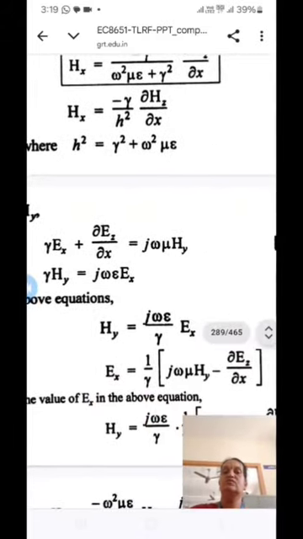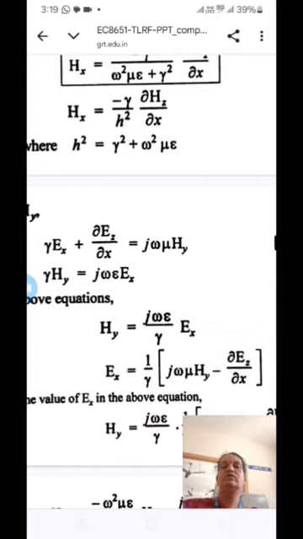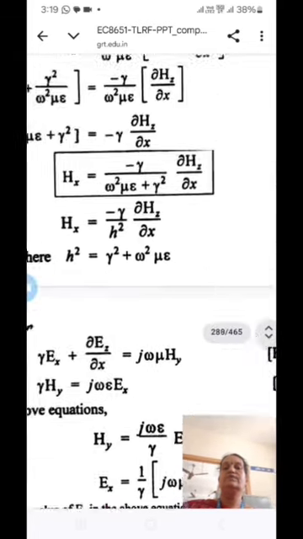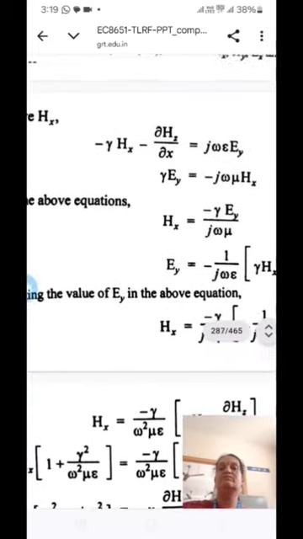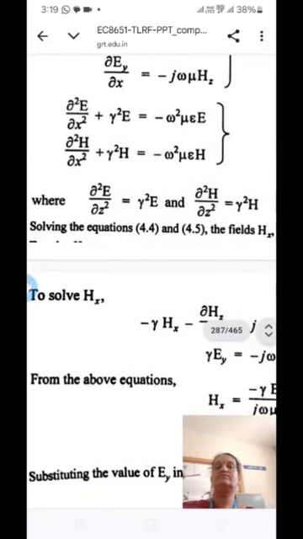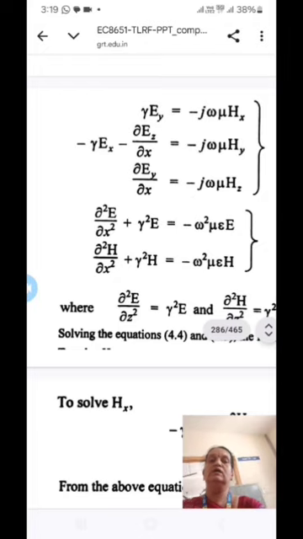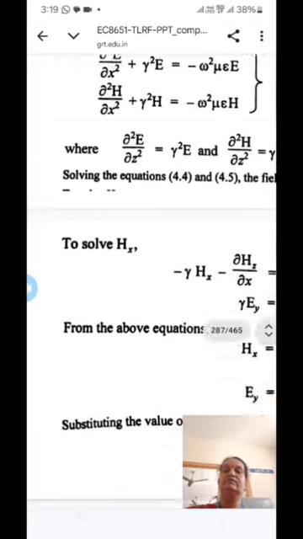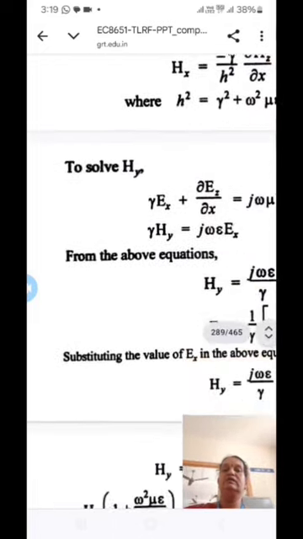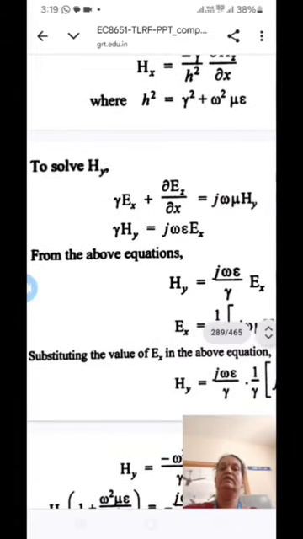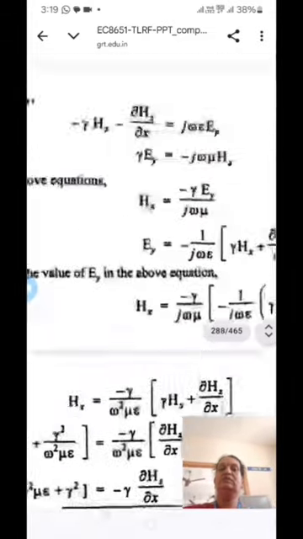To solve for Hy, we have γEx plus ∂Ex/∂x equal to jωμ into Hy. We are taking the same set of equations as in the previous case, the second equation: γEx plus ∂Ex/∂x equal to jωμ into Hy.